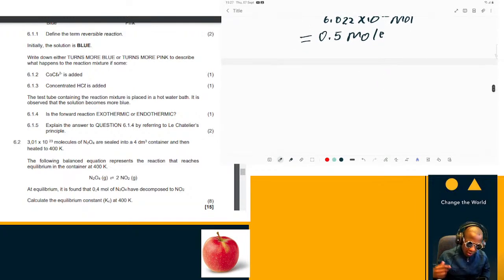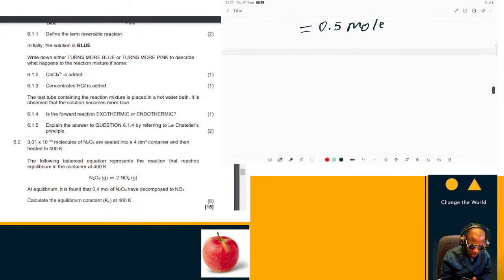So that is the initial number of moles. Now we can come to our table, because we also have the change in the number of moles when the chemical equilibrium started to happen. So we come back to our reaction. We are using the ICE table.